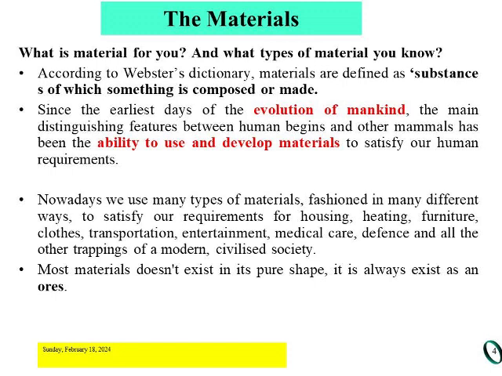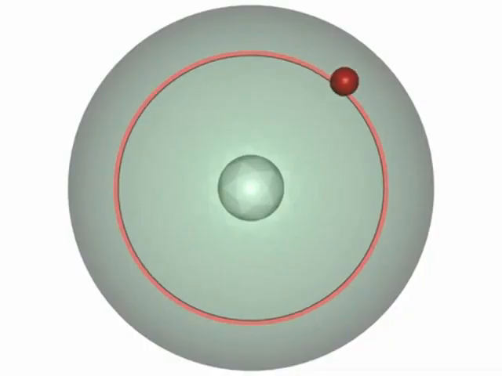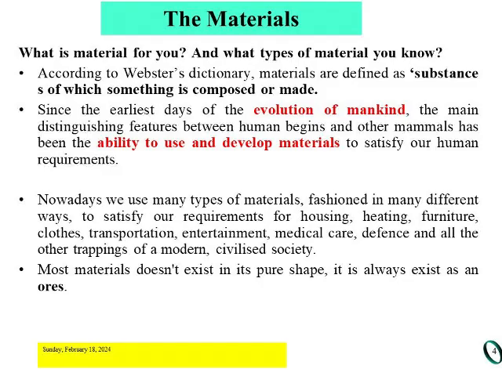That means everything is composed of materials, including the human being. Since the earliest days of the evolution of mankind, the main distinguishing feature between human beings and other mammals has been the ability to use and develop materials to satisfy human requirements.